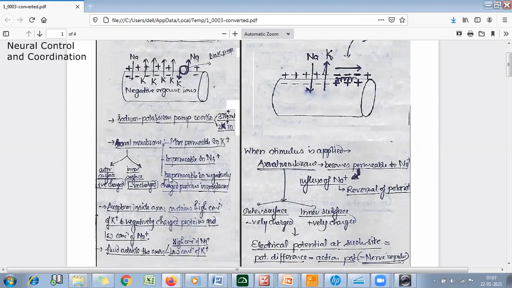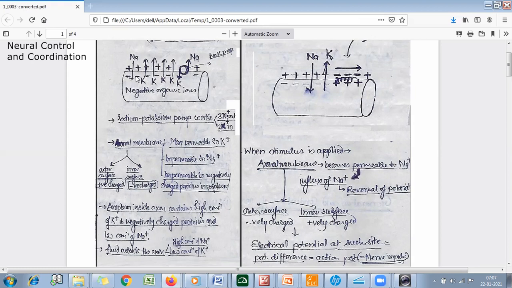And third, it is impermeable to negatively charged proteins. So all the potassium will come out because the membrane is permeable to potassium. Potassium comes out, no sodium comes out, and inside several negatively charged proteins and ions remain.